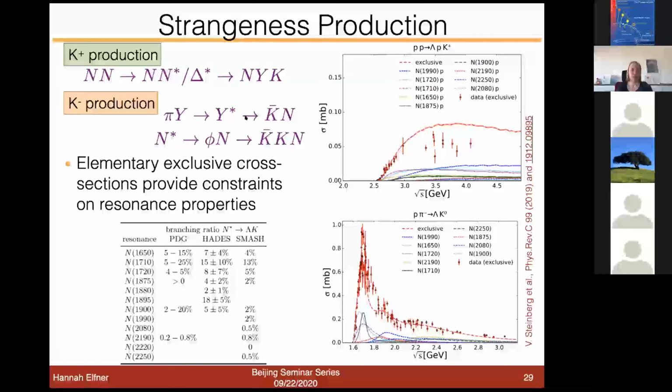So you will have a higher threshold, so it's more complicated to produce K minus basically. Nevertheless, there are these production chains and lots of different cross sections, lots of different resonances with their properties that are barely known in many cases. So what we did is a big effort to compare to exclusive production data for different strangeness production channels, and then actually see all these many little contributions that in the end have to add up to produce the proper strangeness yields.